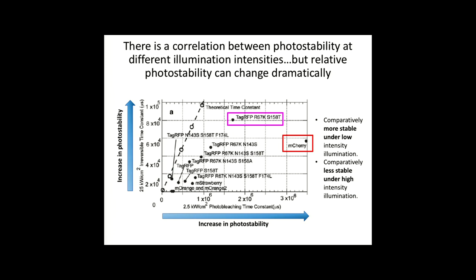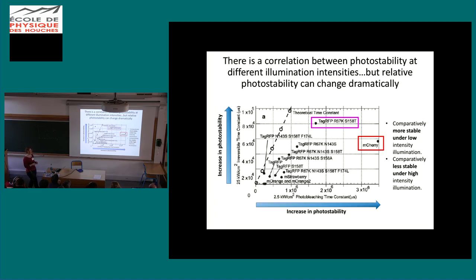Okay, so what did we learn? We learned that things are very complicated. So you don't have to read any of this, but I want to walk you through what this is plotting and just point out 2 examples. So not surprisingly, there's a correlation between photostability at different illumination intensities.